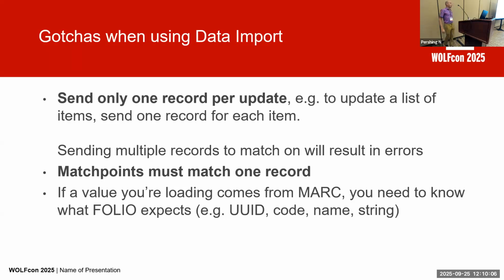You will also need to know what it expects, because data import has improved a great deal. It used to allow you to put things in reference data that were not legit, which can cause you massive headaches, and could muck up discovery or the UI and stuff like that.